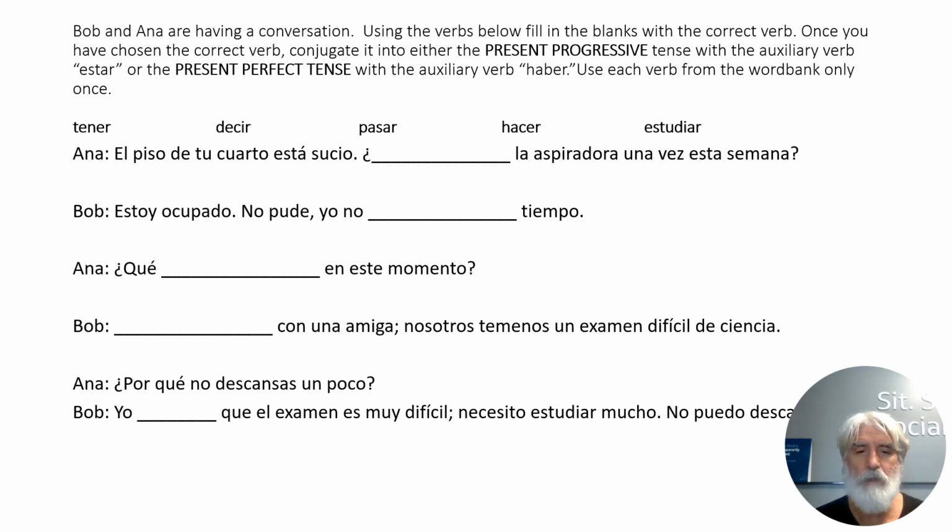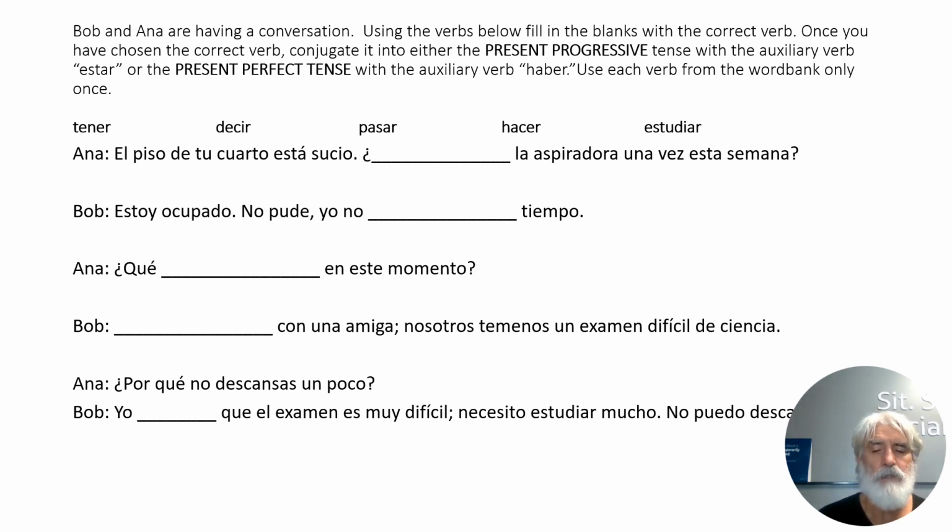Once you have chosen the correct verb, conjugate it either into the present progressive tense with the auxiliary verb estar. We use estar with the present progressive, right? And the present progressive tense consists of conjugating the verb estar in the present tense and then giving the present participle. You need to know how to form that.